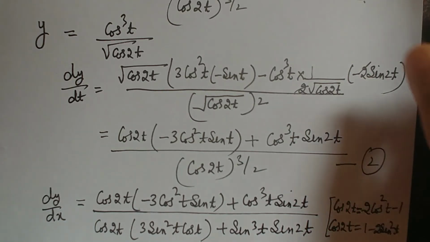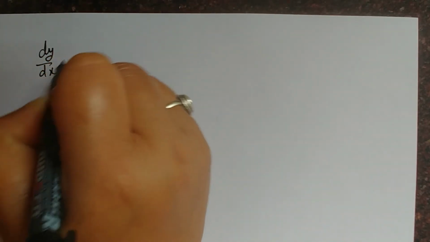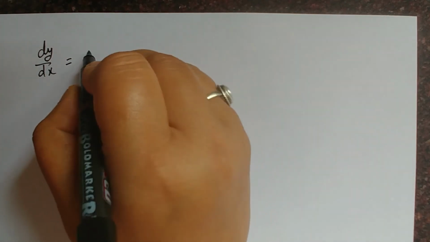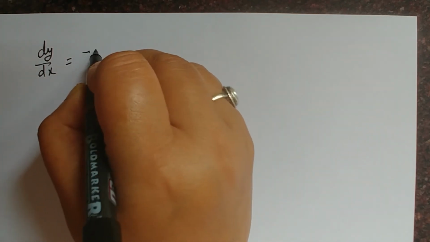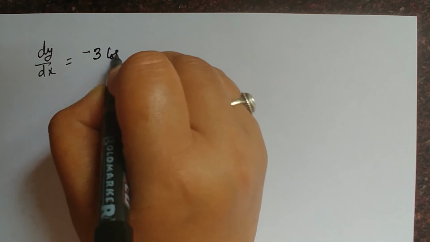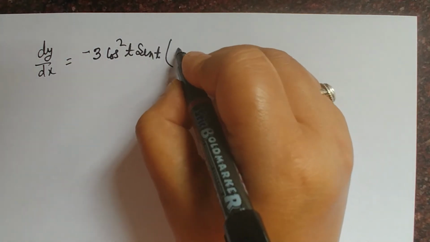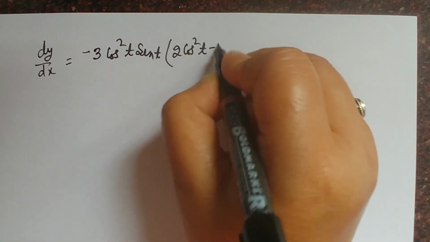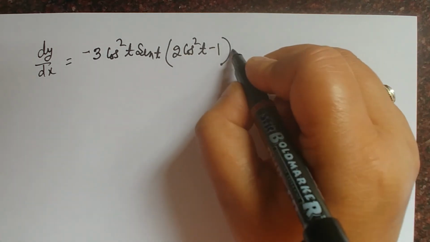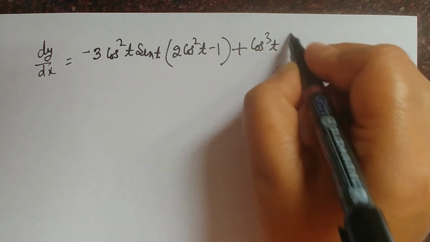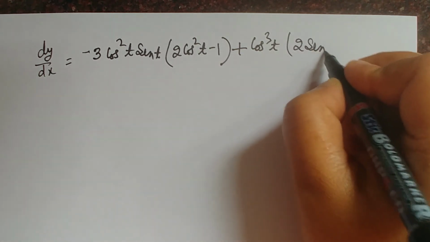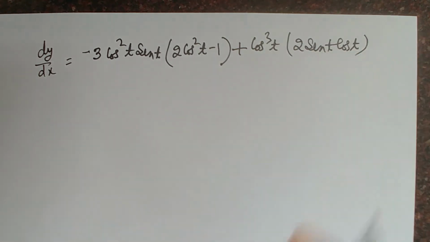So let us solve it. So you have dy by dx is equal to, I'm opening it, minus 3 cos square t sin t, and cos 2t I have opened as 2 cos square t minus 1. Okay, and plus cos cube t, and sin 2t will just be opened as 2 sin t cos t.